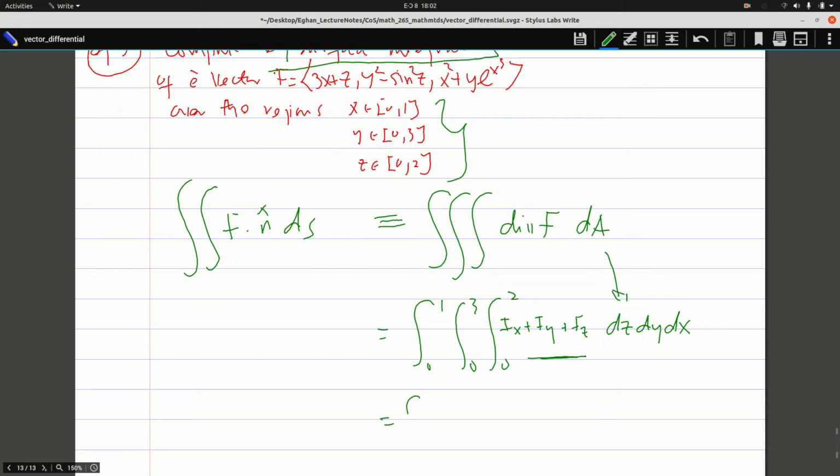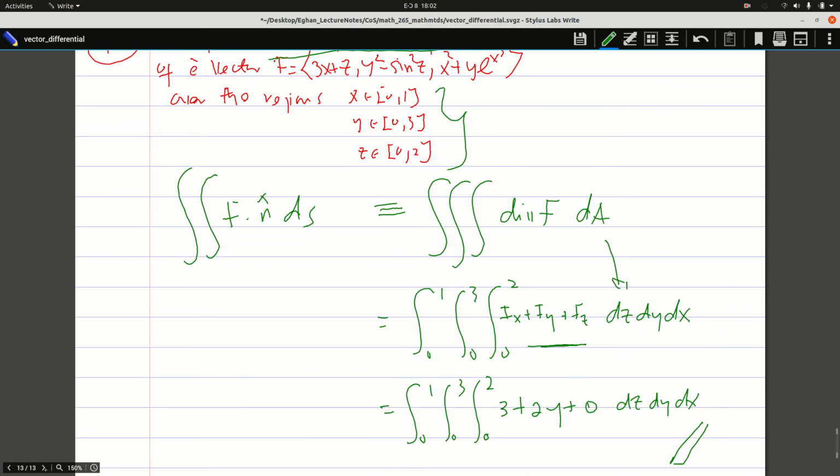So let me see if I can help you out here. 0 to 1, 0 to 3, 0 to 2. If I differentiate respect to x for the first time, I'm getting 3 plus respect to y gives me 2y plus respect to z, I get 0. This is a simple way of using the divergence theorem.